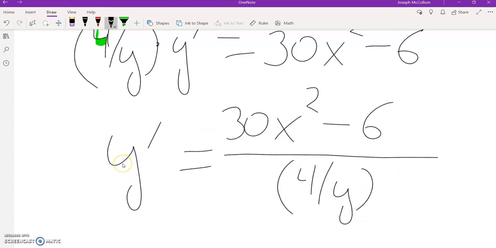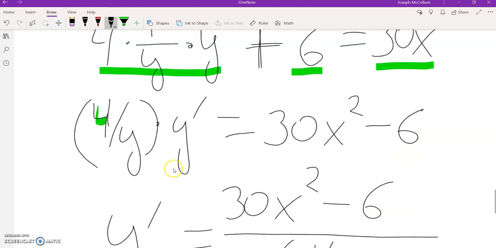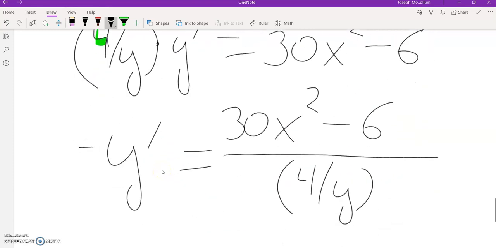Now, y prime is like we typically know. That is the slope. So I'm looking for the slope. In terms of rate of change, remember, y prime is also the derivative of y with respect to the variable x. I'm having a very hard time writing the d there.